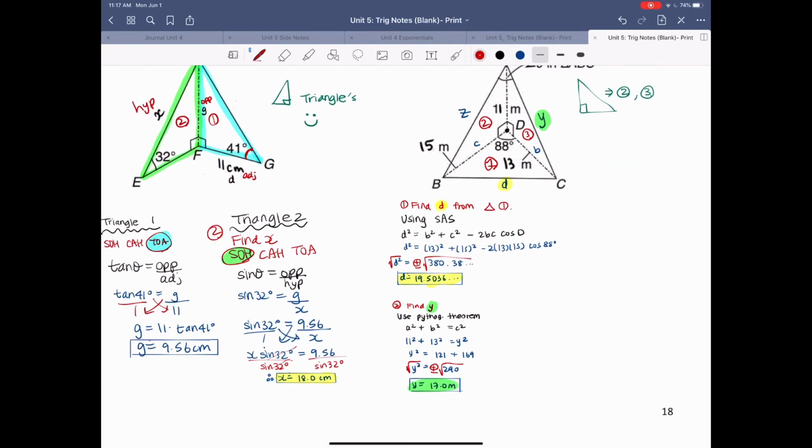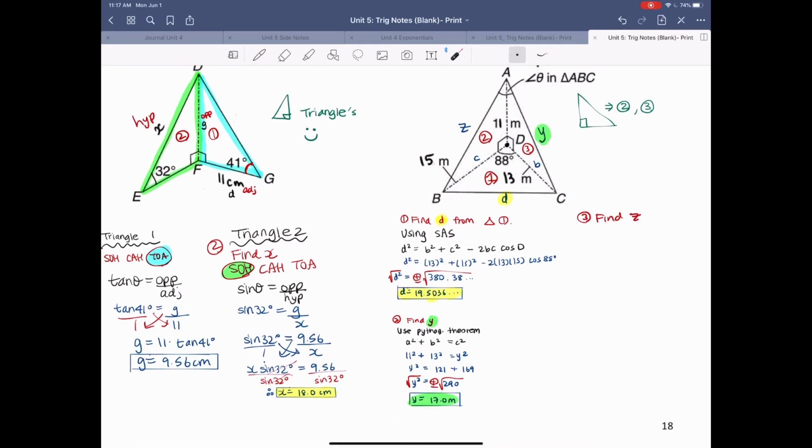Okay, and I said I could also find the other side length. Why do you think I'm going to find z, the other side length? Can you see why I'm planning this out this way? Well, if I'm able to find z, what law am I working with? Overall, this big triangle is not a right angle triangle, right?